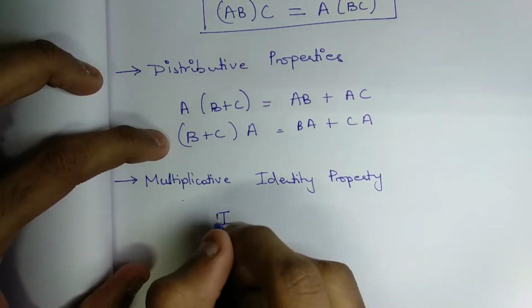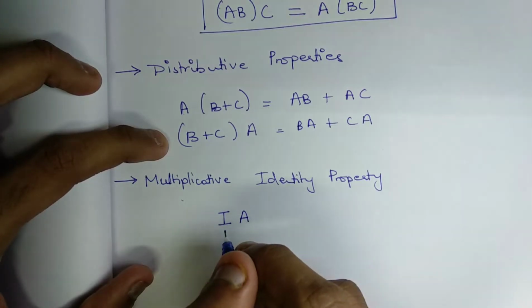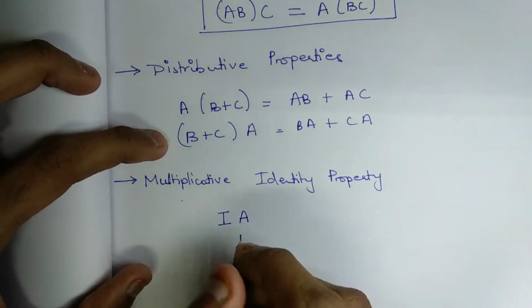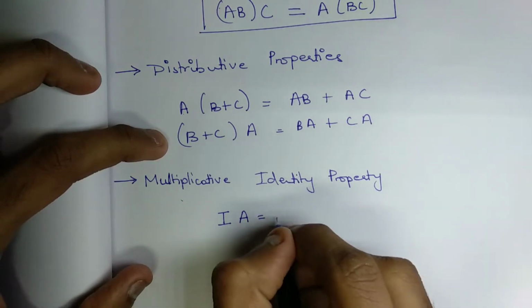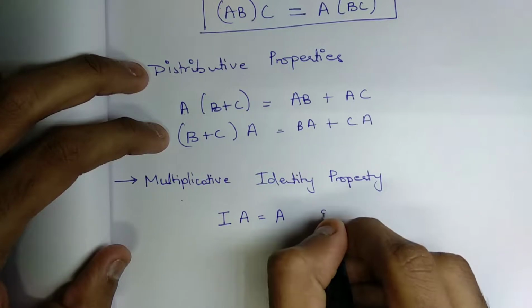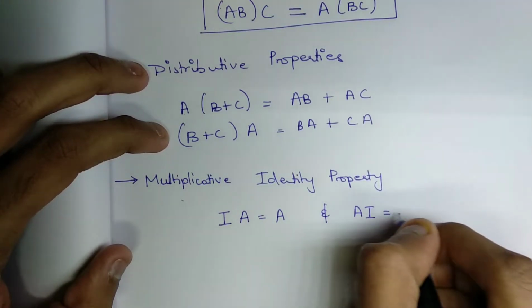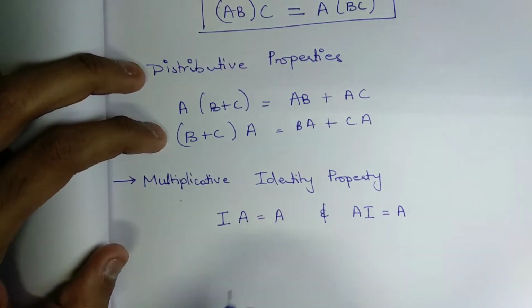An identity matrix into another matrix, in our case A, is equal to A. And similarly, A into an identity matrix is also equal to A.